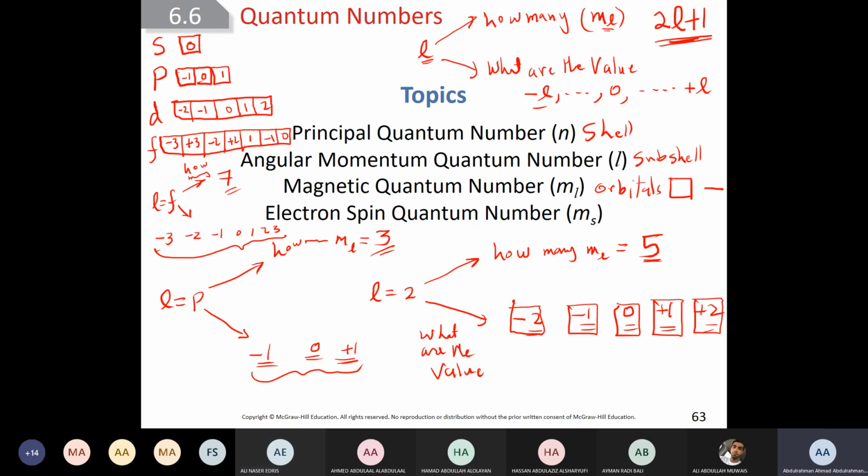The same thing here. These are just numbers to represent the solution of the equation. If you ask me what's the difference between -3 and +3, there's no difference. It's just numbers to represent the orbital. Is this clear? Yes, it is.